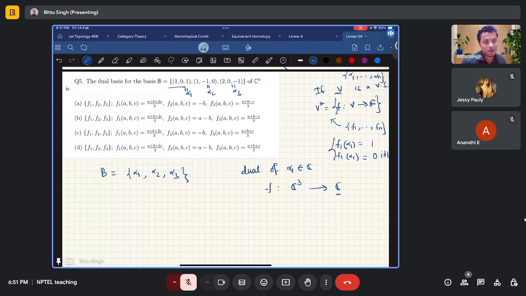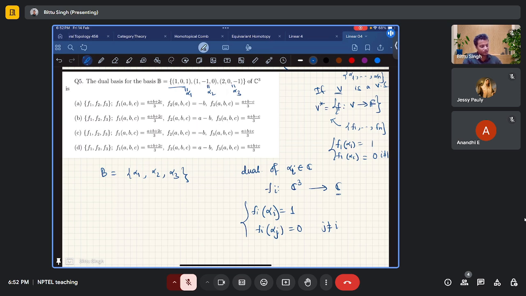Similarly, f2 applied on alpha 2 gives 1, and f2 applied on the others gives 0. So in general, if we write the dual of alpha i as fi, then fi applied on alpha i gives 1, but fi applied on alpha j, where j is not equal to i, gives 0. This is the definition of the dual of alpha i.